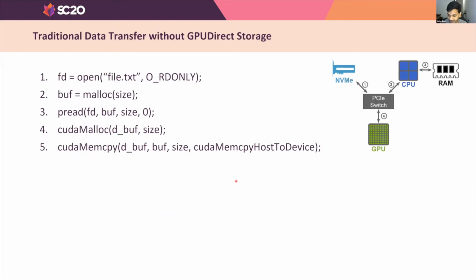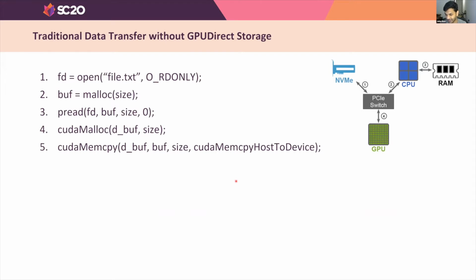So to go into more detail about what it means to eliminate the bounce buffer, here I'm showing code of the traditional CUDA application that leverages the CUDA programming model to take advantage of GPU compute.